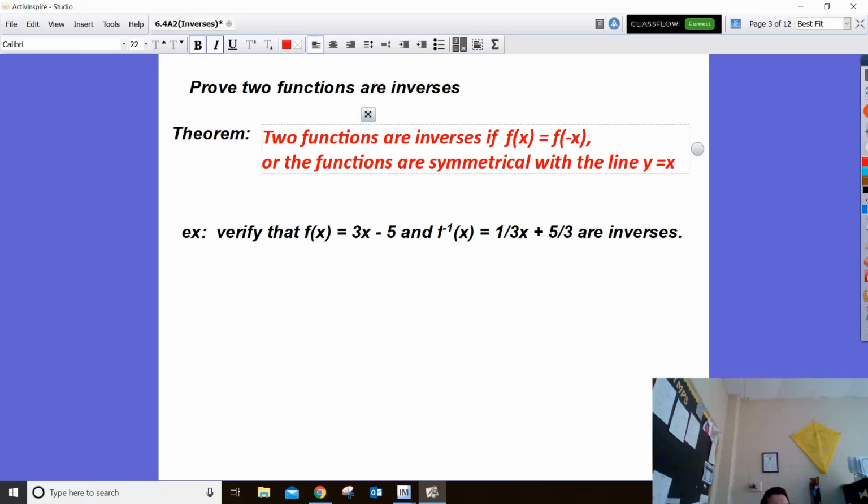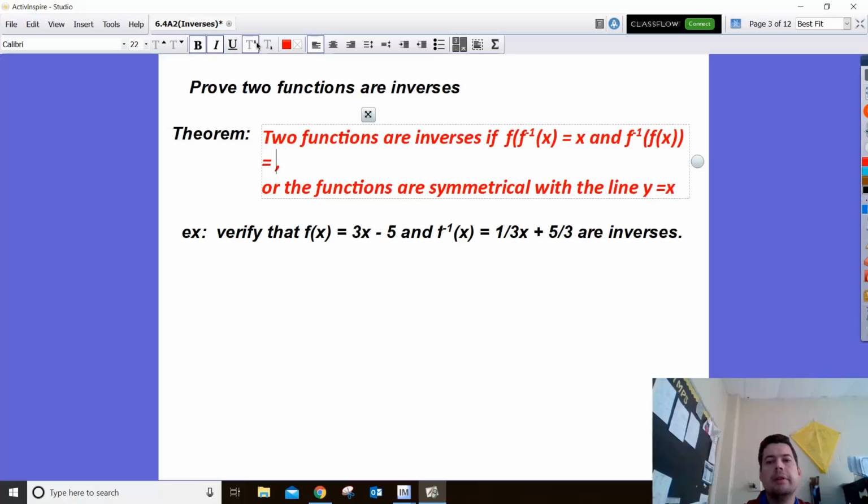Two functions are inverses if f of the inverse of x is equal to x, and the inverse of f of x equals x. Now that's some funky function notation.